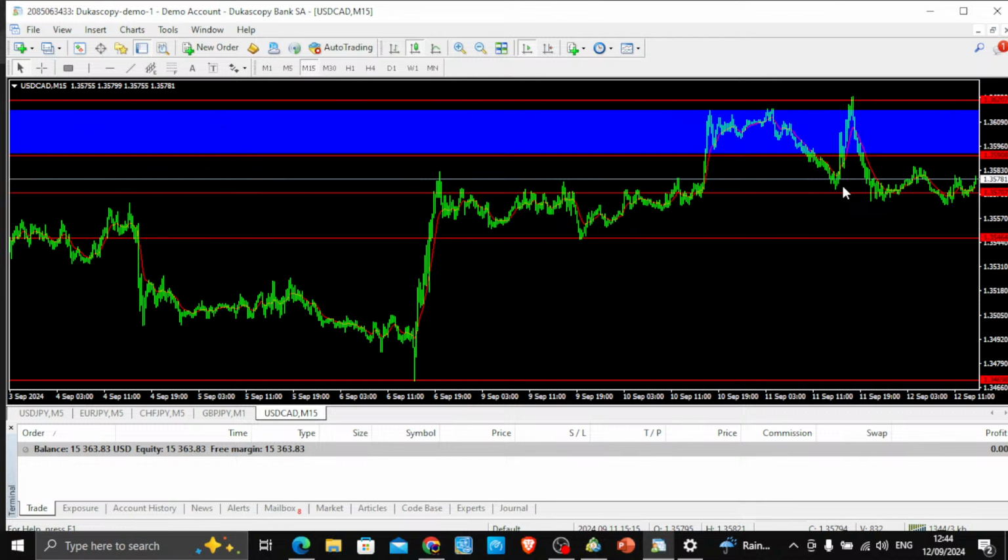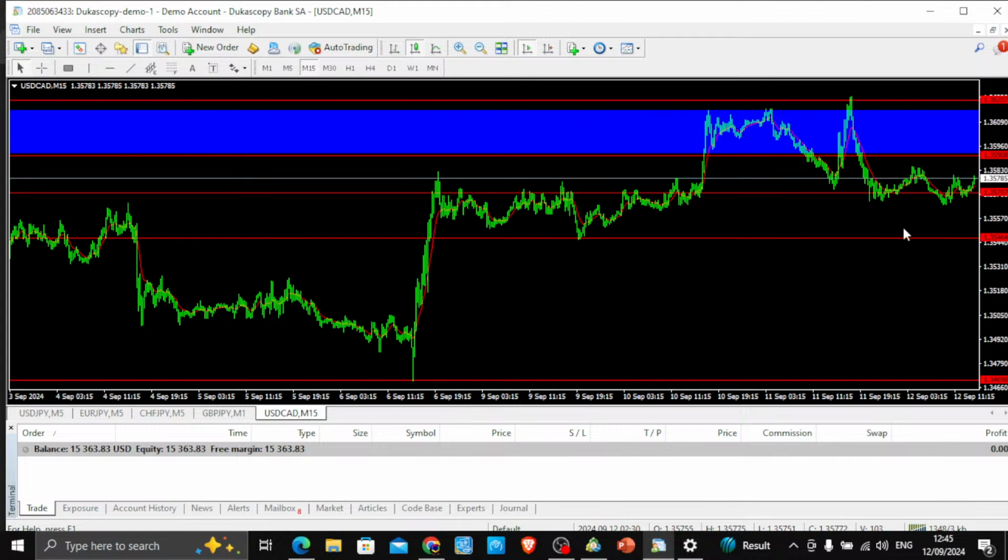It came down here, reached this low. So here the market is making higher high and higher low. This high is higher than this one. This low is equivalent to this. So we are stopped here.